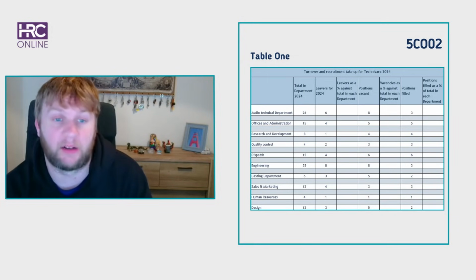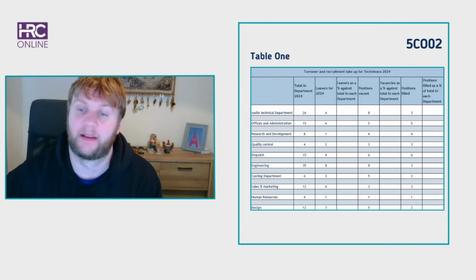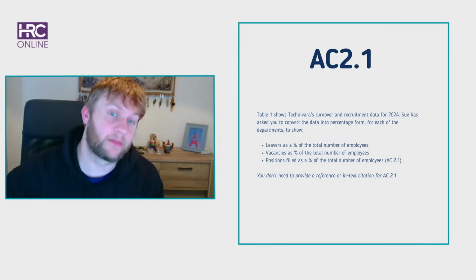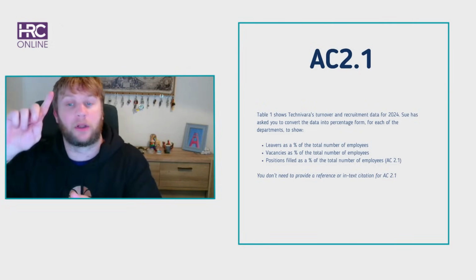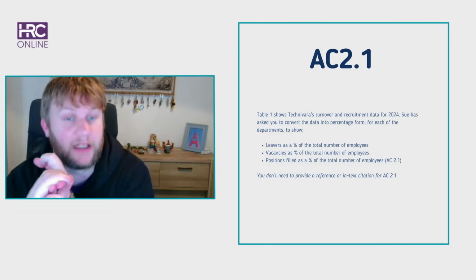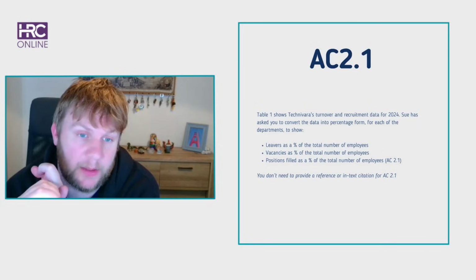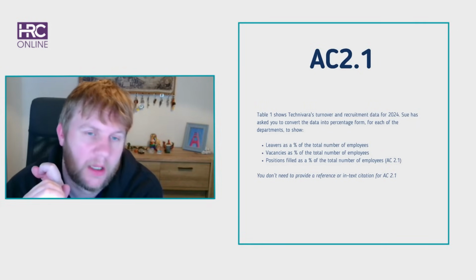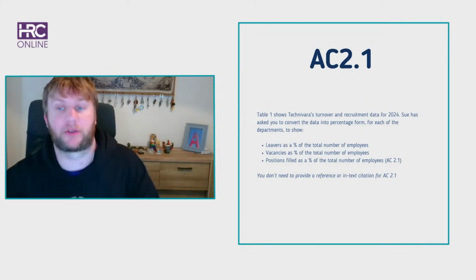Easiest way to do a diagram in the different forms is to have these 3 data sets against each department. So whilst AC2.1 says percentage of total, vacancies as total, positions filled as total, when you move on to 2.2 and it asks for 3 diagrams, it makes sense to have all the data filled out because then you can just build it out.